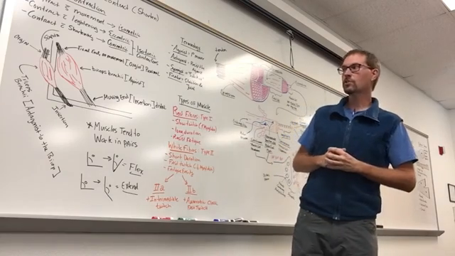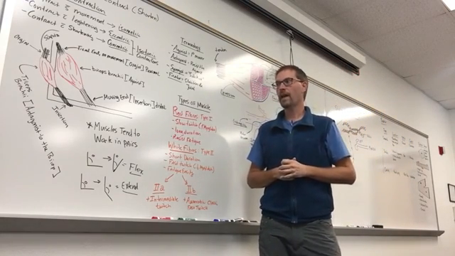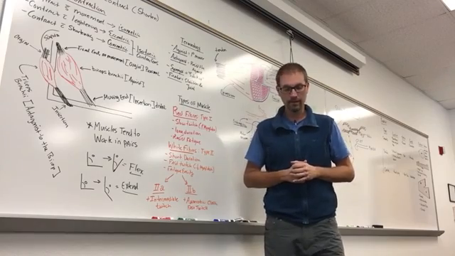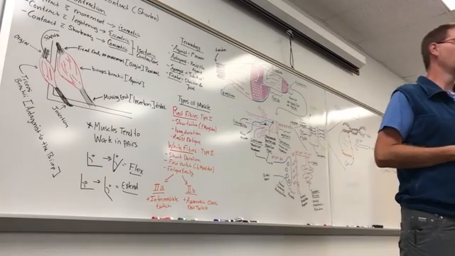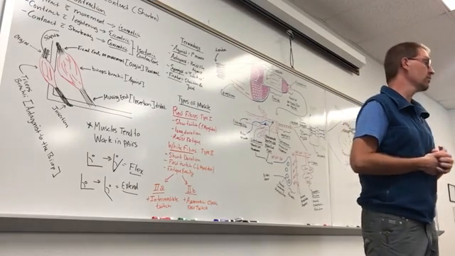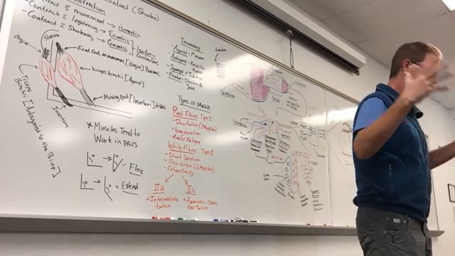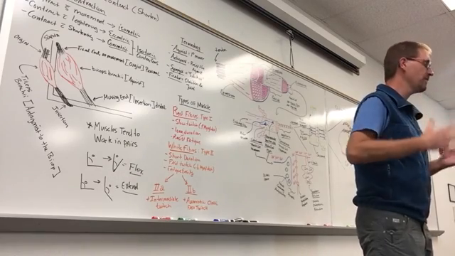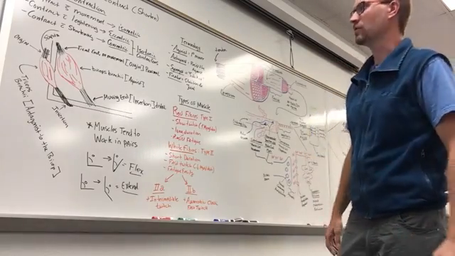These terms are known as insertion and origin, and you're going to have to, in lab particularly, identify the origin and insertion of a muscle. So how do we keep this straight? Well, just think of it this way.